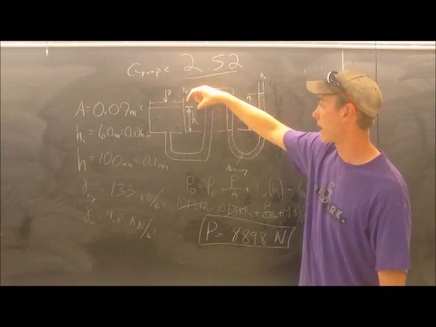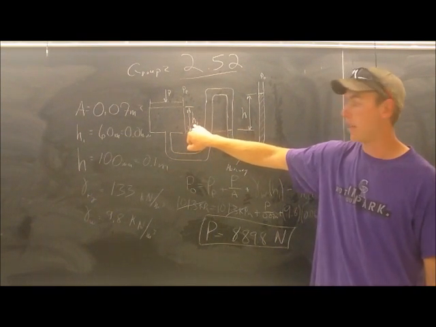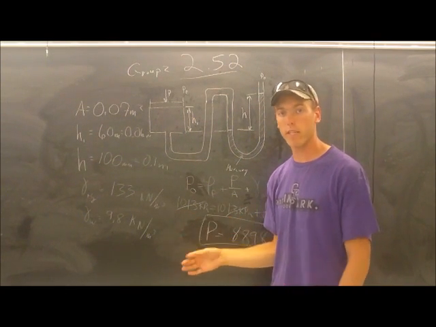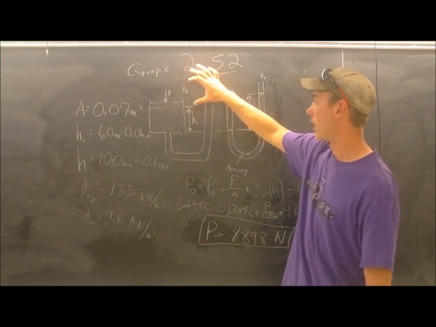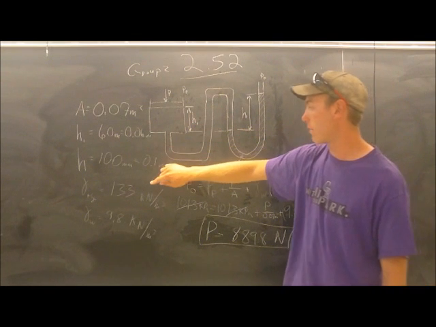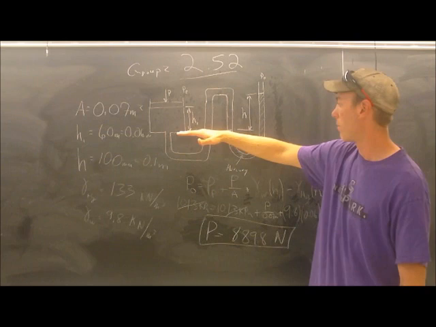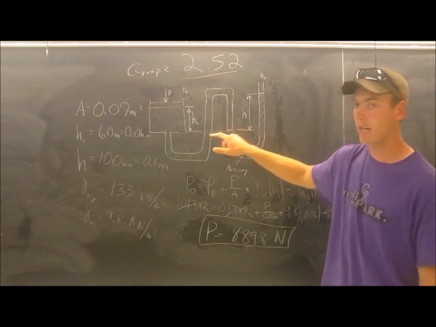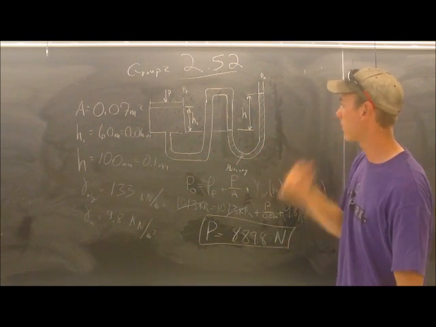Like in this case, it goes down a value of h1, and if it goes down, the pressure is increased as it goes down. So basically the pressure equals the elevation change times your density. By doing this, you can go all the way across any of the liquids if they're at the same elevation. So that is the gist of these problems.